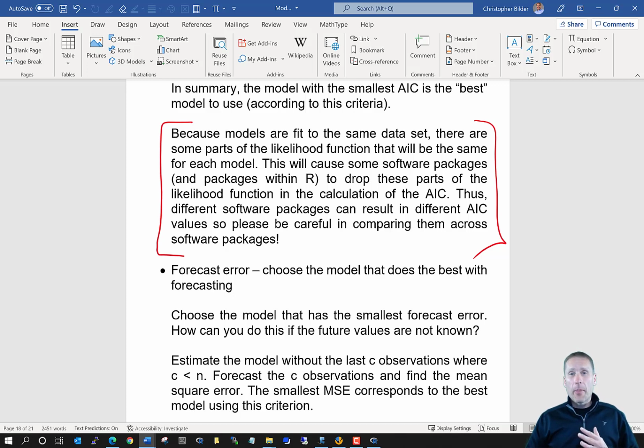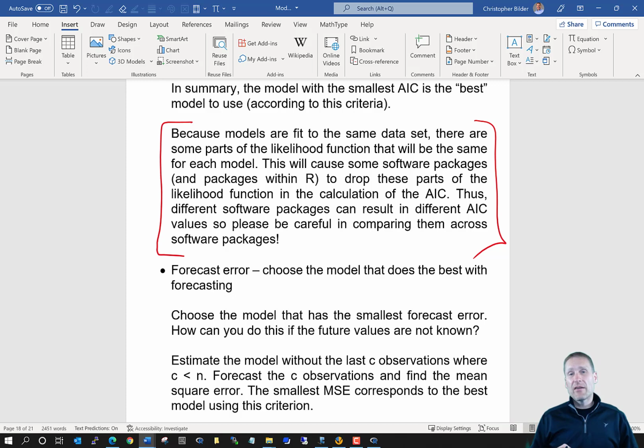And as long as you look at an AIC calculated by the same R package, and choose the model that has the lowest AIC, you'll be fine. But let's say you wanted to replicate your results in another R package or even another statistical software package, that same model should still be chosen, but the AIC value itself may be different.